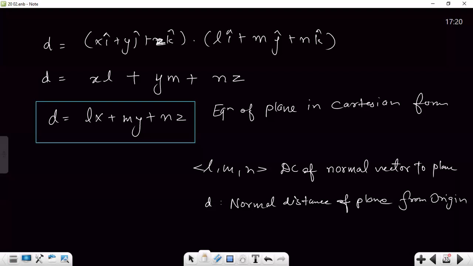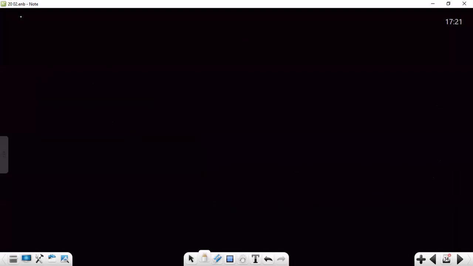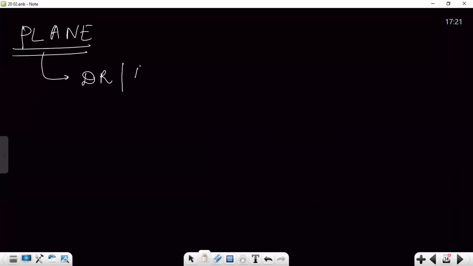Now, from here, please remember this fact that if we are talking about a plane, its direction cosines or its direction ratios are the same as that of the normal vector given to us.